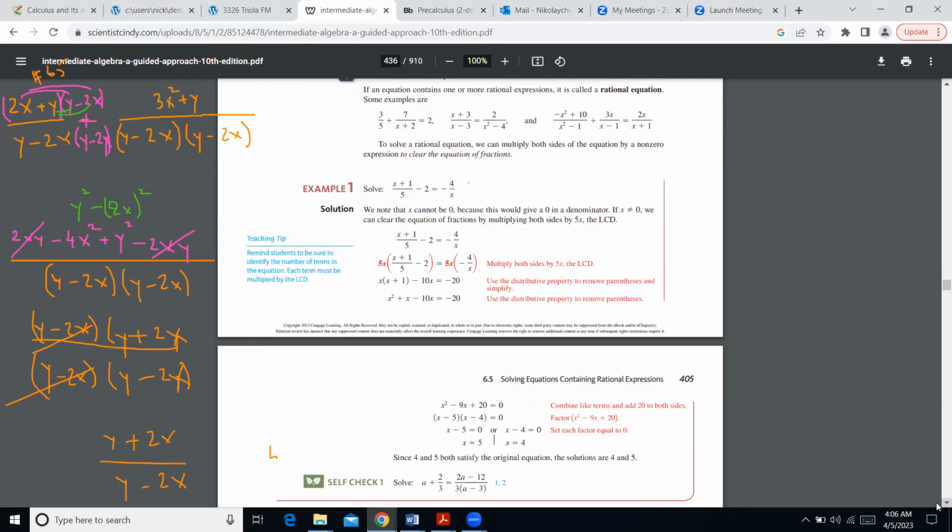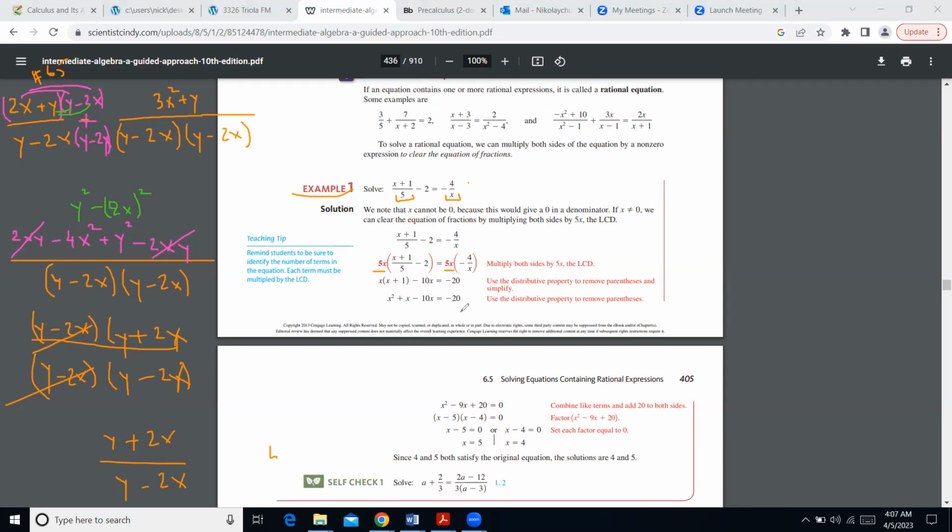So if I look at how they suggest to work out example number 1, the equation that has denominators of 5 and x, well, what they do is they use 5 multiplied by x, that common denominator, to multiply on both sides of this equation.